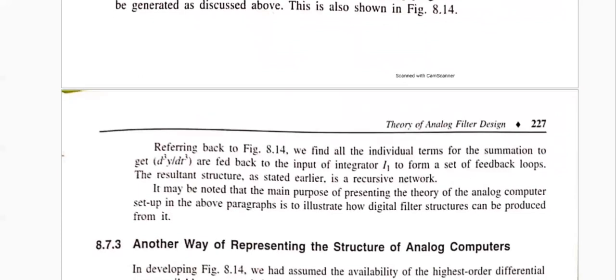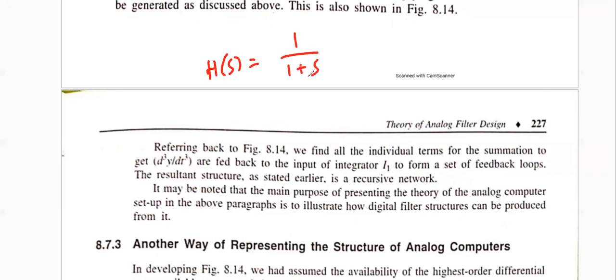So what we have understood from this segment is that any sort of filter can be presented by a differential equation. For the first order filter, we started with 1 plus s.